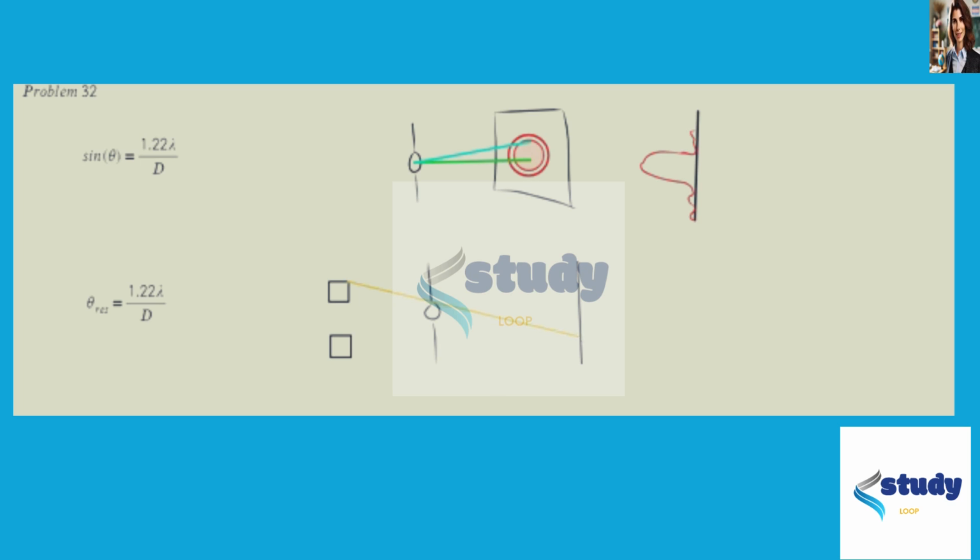So we have light coming from this first object. We have a bunch of light rays coming from this first object, and then as they come through here, we're going to get this aperture diffraction pattern here, and the intensity here on the screen is going to look something like this.